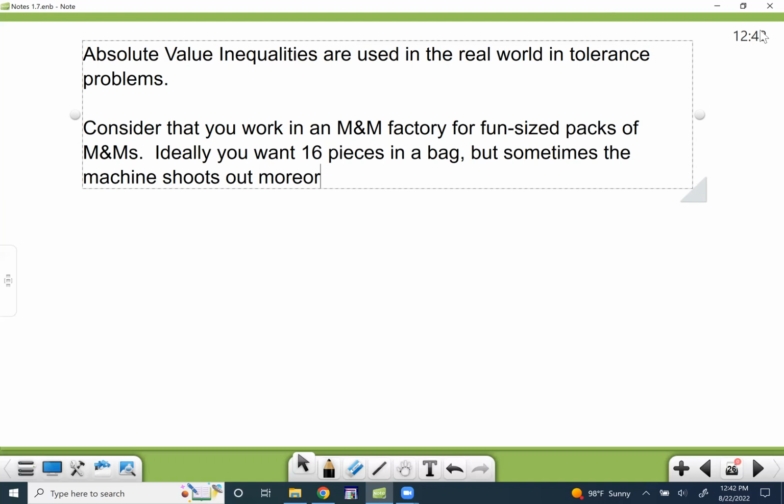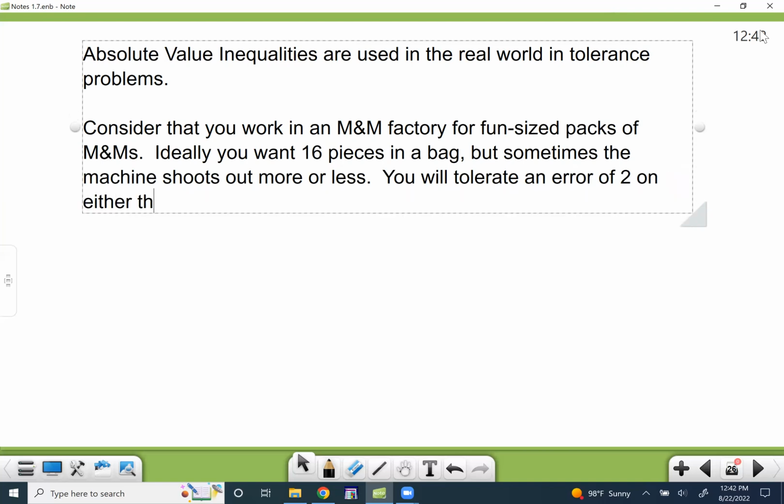An extra one might sneak in there. That's the pack you get, okay? So let's say that you'll tolerate an error of 2 on either the high or the low side. In other words, anywhere from, let's see, 2 less would be 14 to 2 higher would be 18 will be accepted.